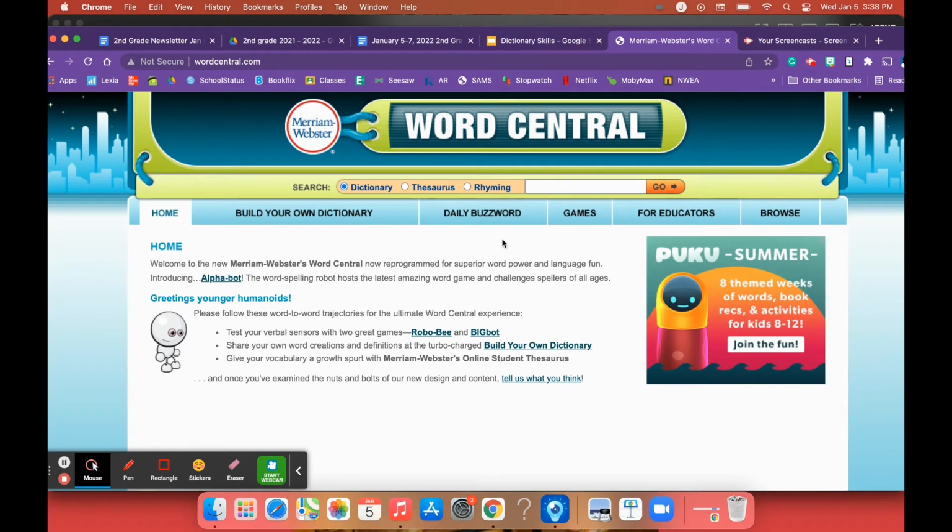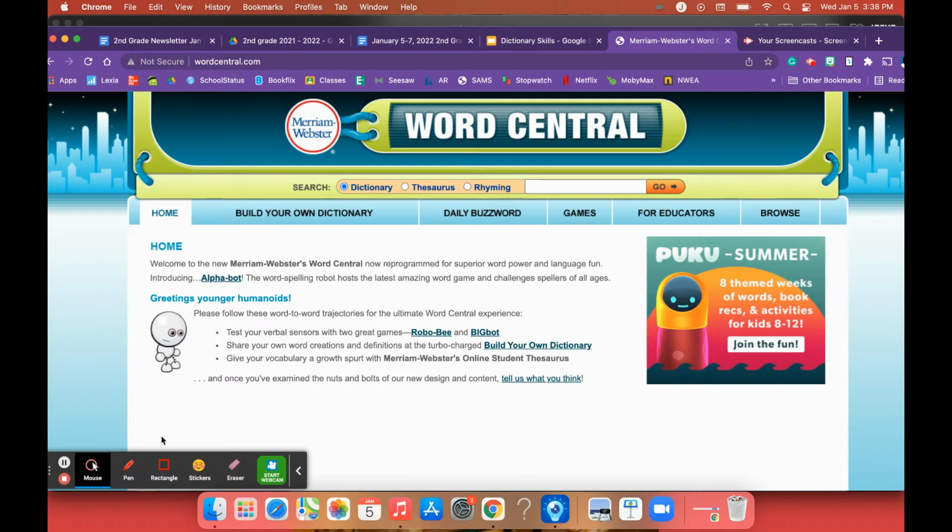This right here is also a dictionary. This is a digital dictionary called Word Central. It's a good one. Okay, we're going to actually be using this dictionary today.